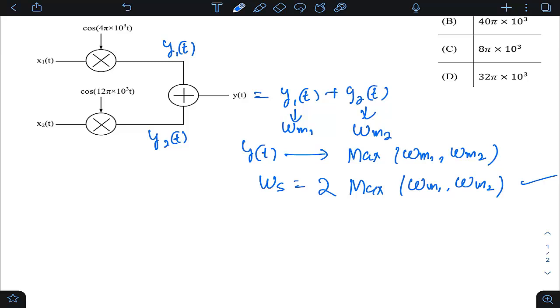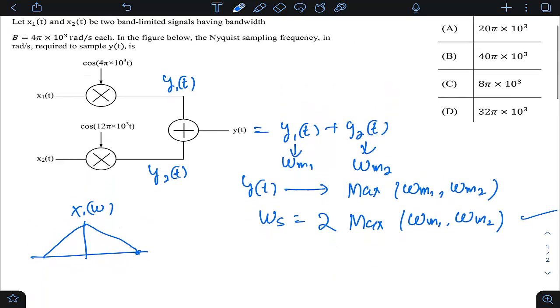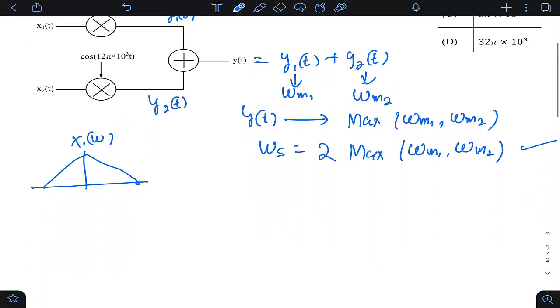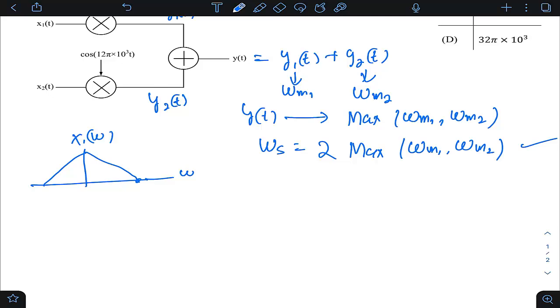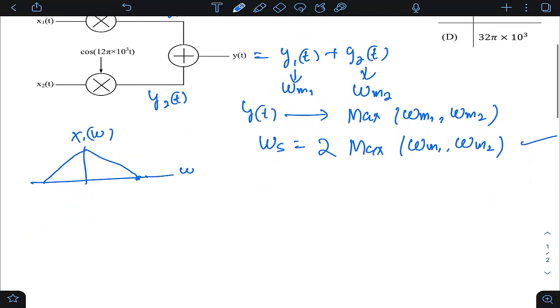So X1(omega), this is your X1(omega). The bandwidth given is 4 pi into 10 raised to power 3 radian per second. This is your omega axis, and this point is 4 pi into 10 raised to power 3 radian per second.